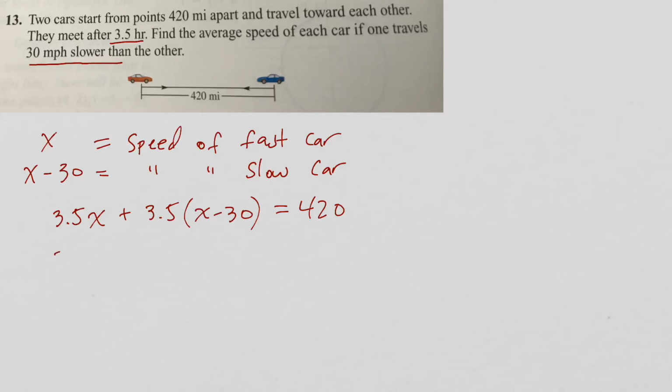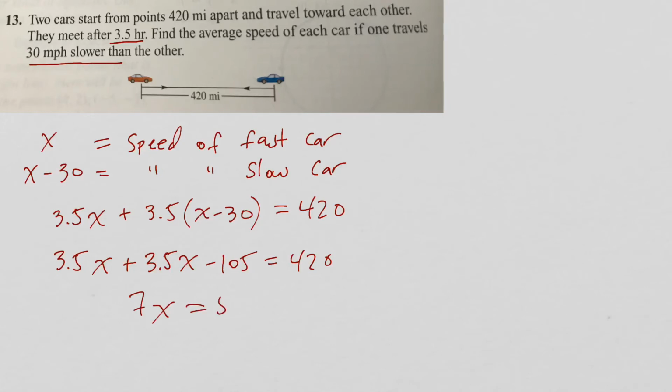So this is 3.5x plus 3.5x minus 90. Well, I think that's 105, but I'm going to double check. 3.5 times 30 is 105. Goes 420.